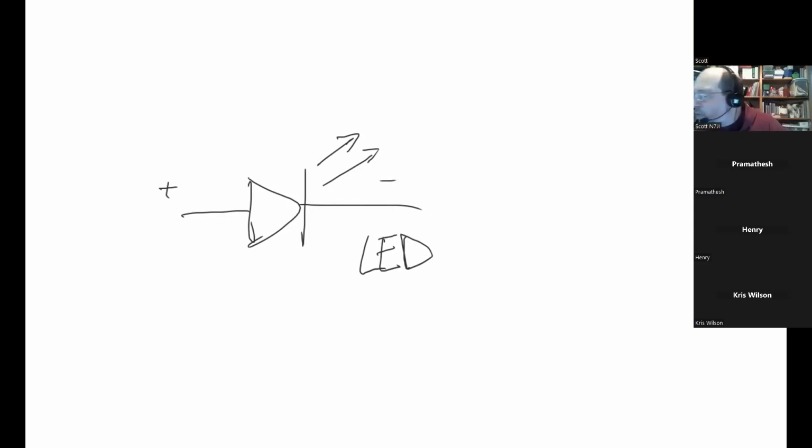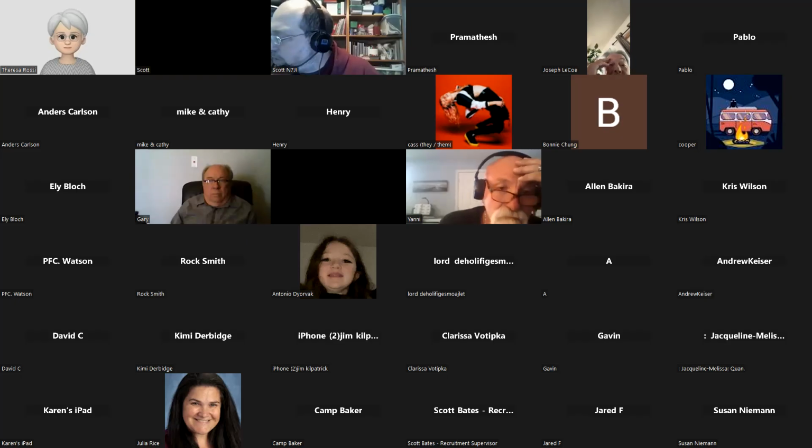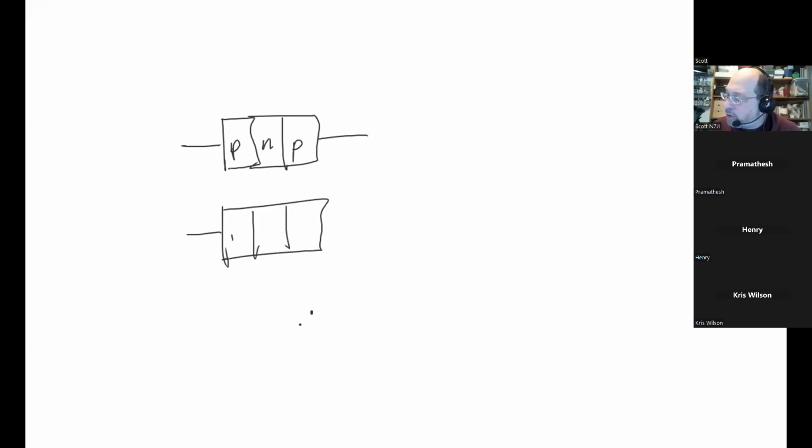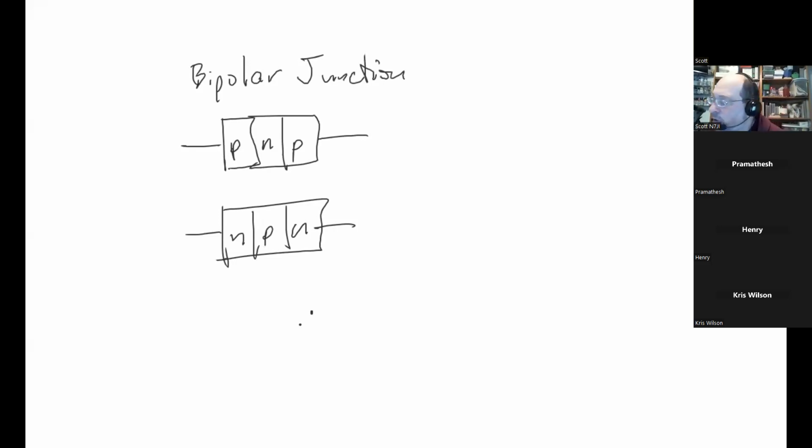Okay, so now what we're going to talk about is something called the transistor. A transistor looks like this. Or this. And these are known as bipolar junction transistors, or a BJT.